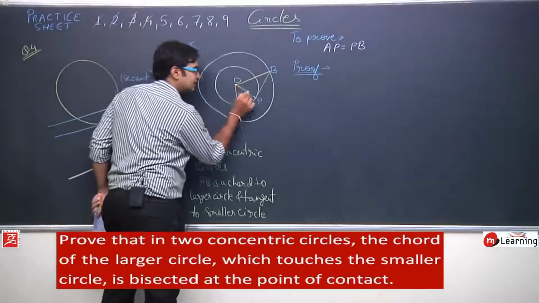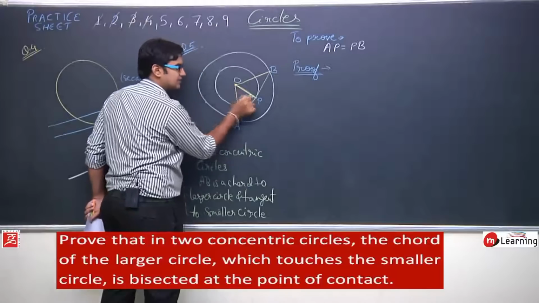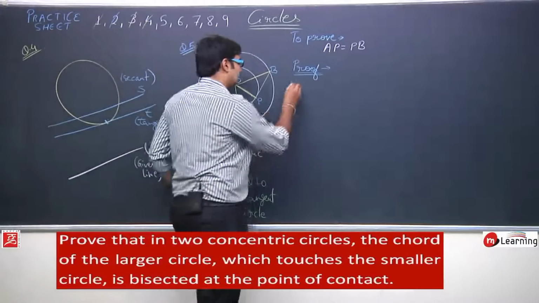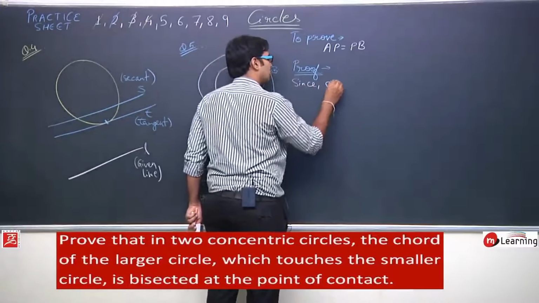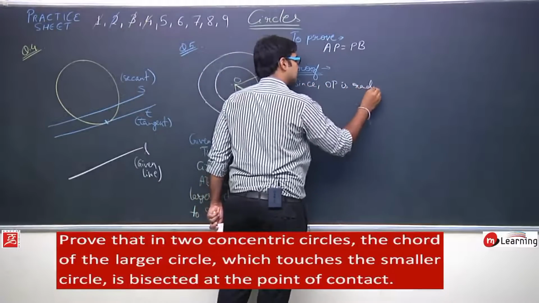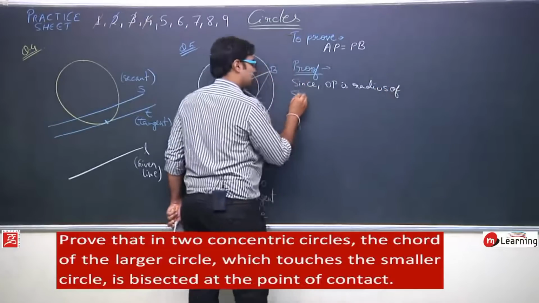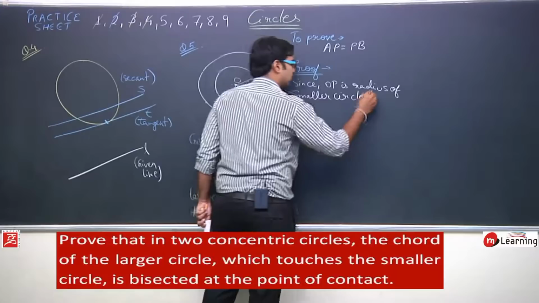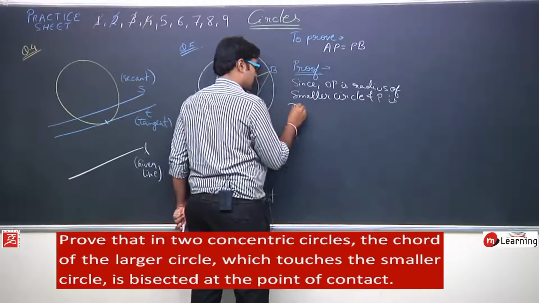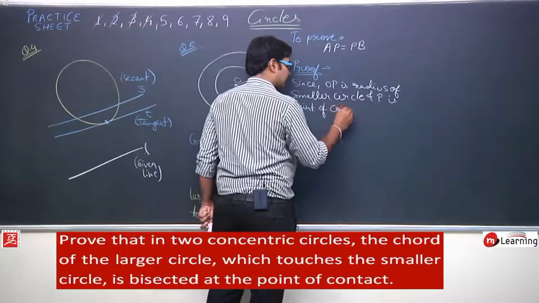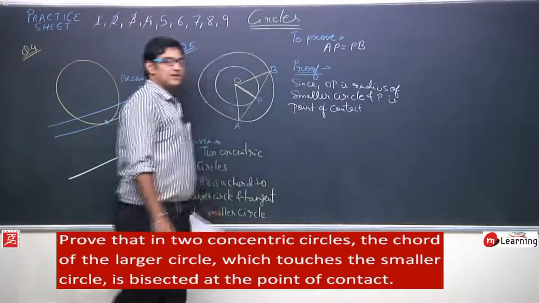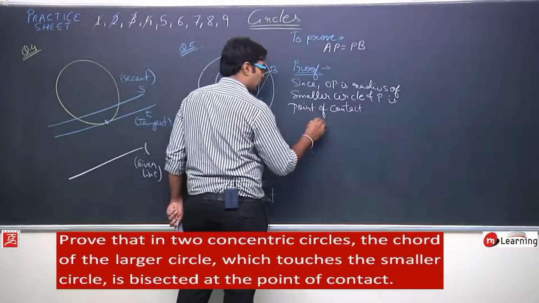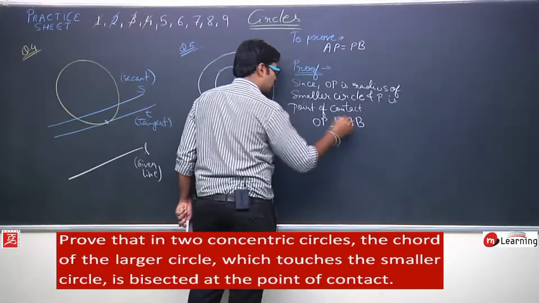For this inner circle, this is the radius OP, and this AB is the tangent at point P. So can I say, since OP is the radius of the smaller circle and P is the point of contact of this inner smaller circle and the tangent, therefore I can write OP is perpendicular to AB.